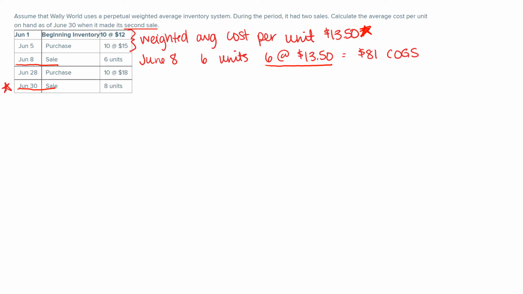So there were a total of 20 and 6 of them were sold, which means there are 14 left after that sale. So there are still in inventory 14 units at an average weighted cost of $13.50. And then on June 28th, 10 were purchased at a cost of $18.